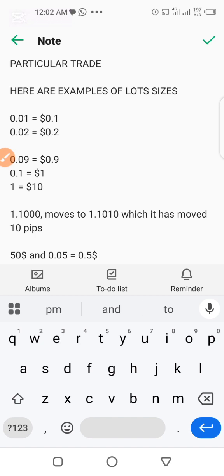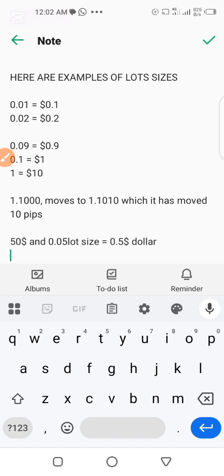To calculate this, this is your lot size, and this is equivalent to dollar. Now, how do you calculate the pips that moved here?